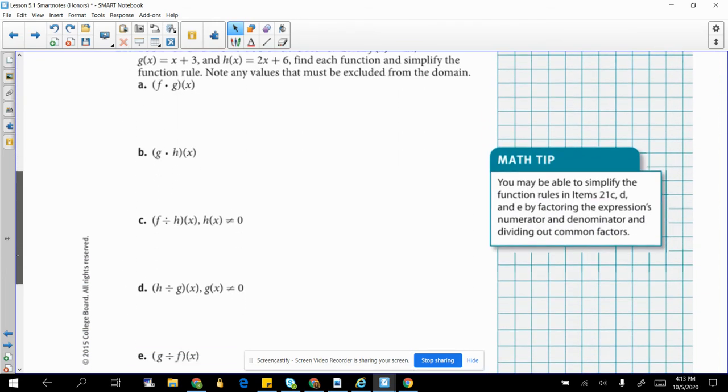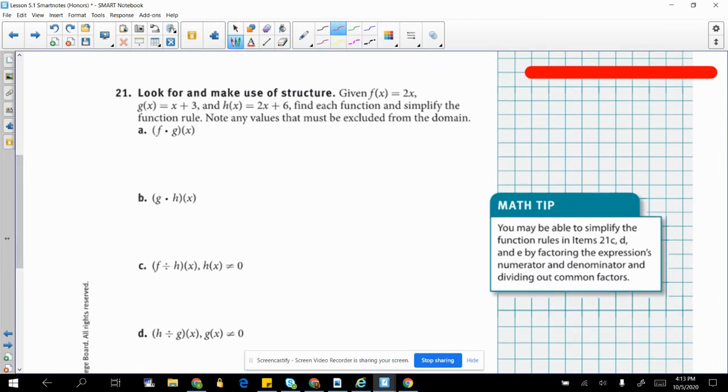All right, so let's take a look. This first one says f of x equals 2x, g of x equals x plus 3, and h of x equals 2x plus 6. And it's asking us to multiply f times g. Okay, so f of x is 2x, and g of x is x plus 3. So if we want to multiply this, all we're going to do is distribute that in.